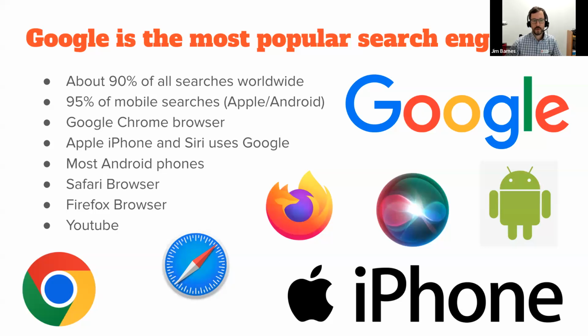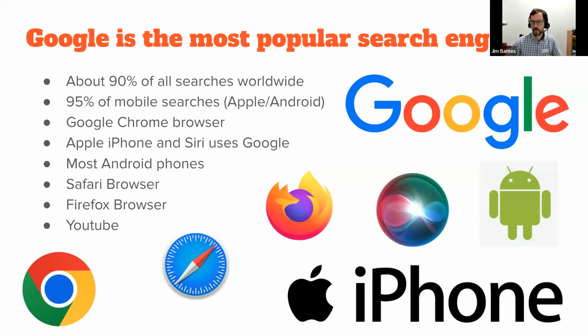Also, if you're using a Chrome browser, that uses the Google search engine. A lot of people don't realize the Apple iPhone uses Google. So if you search with your iPhone, that's what you're using. Or if you perform a voice search and say, "Hey Siri," that's using the Google search engine.